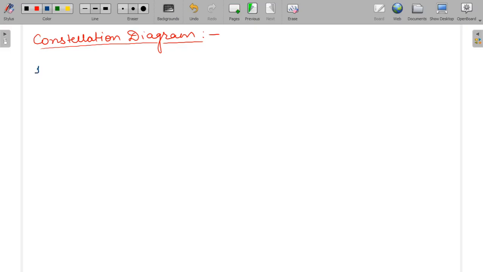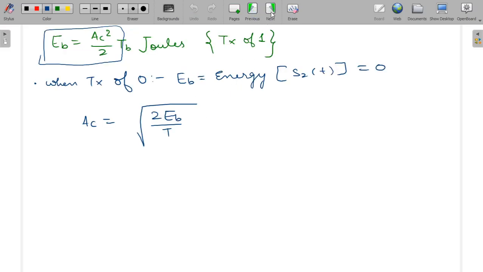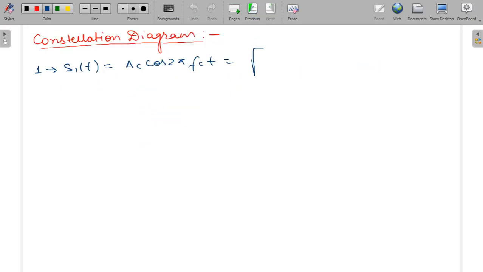So when 1 is transmitted, the output is S1(t), that is equal to Ac cos 2 pi fc t, and we have already derived Ac is equal to the square root of 2 Eb by Tb. So that is equal to root of 2 Eb by Tb cos 2 pi fc t. Okay. When 0 is transmitted, S2(t) will come, that is equal to 0 volt.